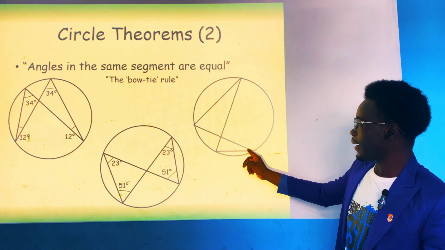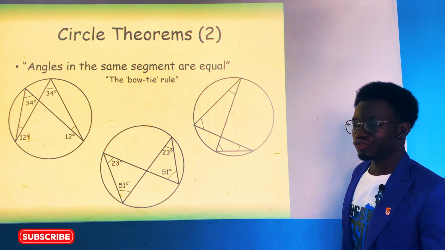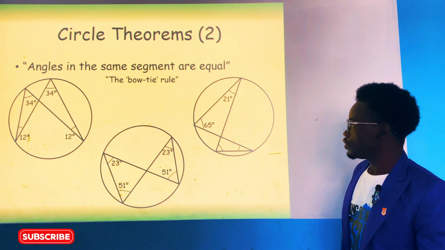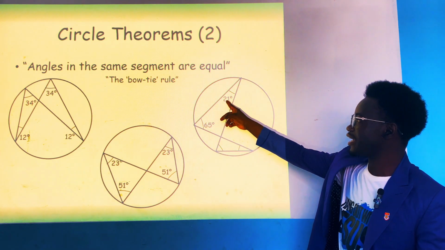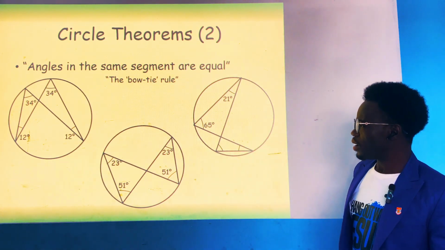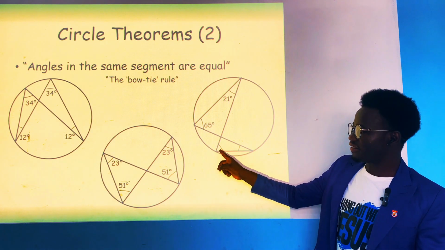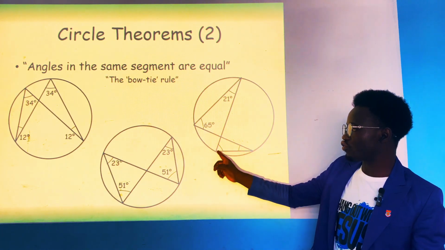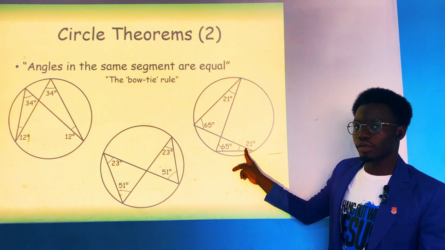So this angle here is equal to this angle, and that is equal to this angle illustrated there. If here is 65 and here is 21, what will be here? No matter the size, it's still equal to this one. So here is also 65, and here also what? 21.